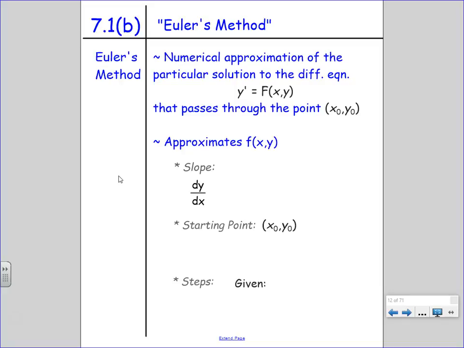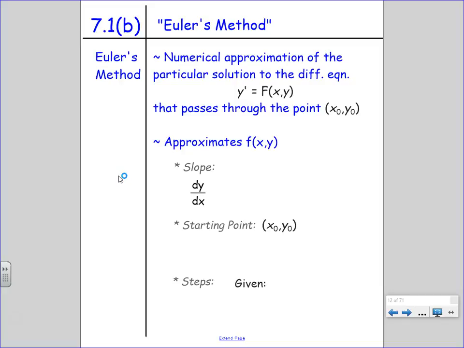So this is another way of going back to an antiderivative and trying to figure out some stuff about it, that passes through a given point. I put x sub naught, y sub naught. You want an initial point. Why does that kind of look like two-variable differential calculus? Because there are two variables.